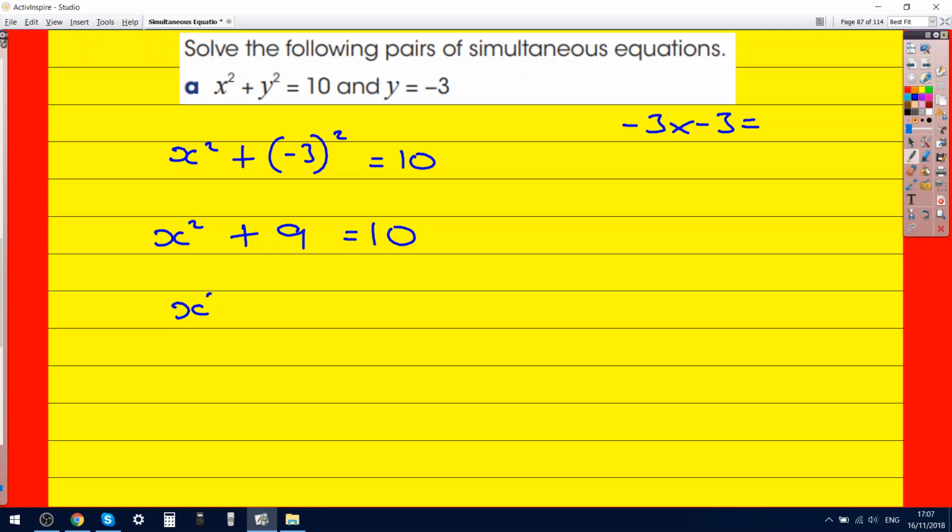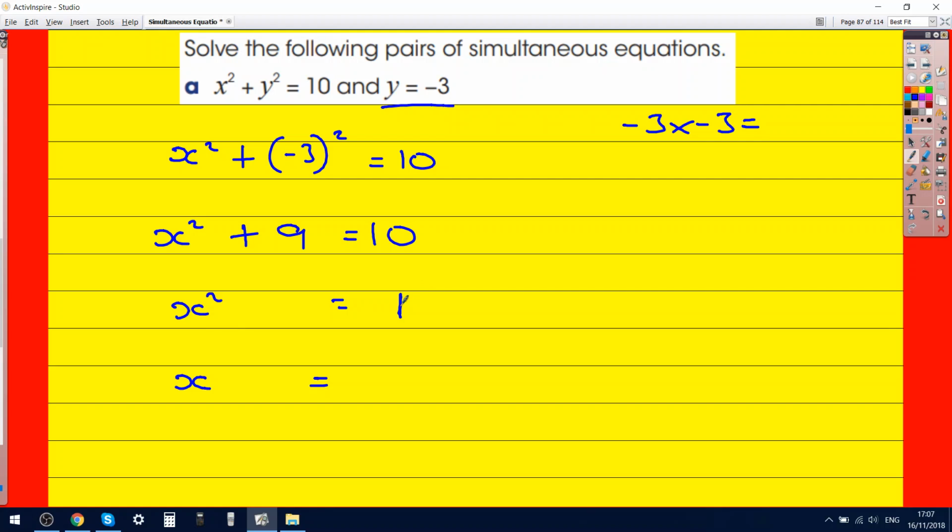So you know how you get to the stage x squared equals 1? Would y equal 3 because it says y squared equals 10? No, they told us y equals -3, so that's going to be -3. x squared equals 1, so x is 1.